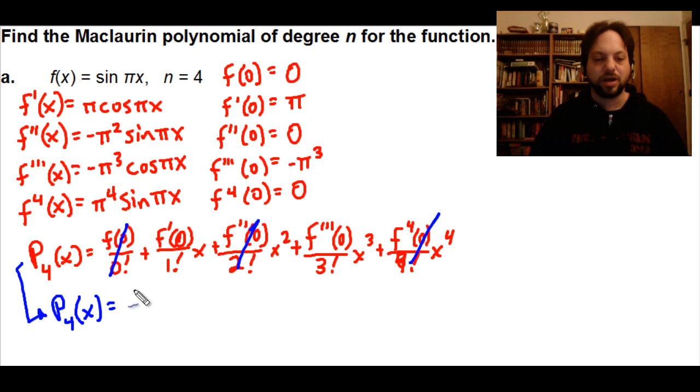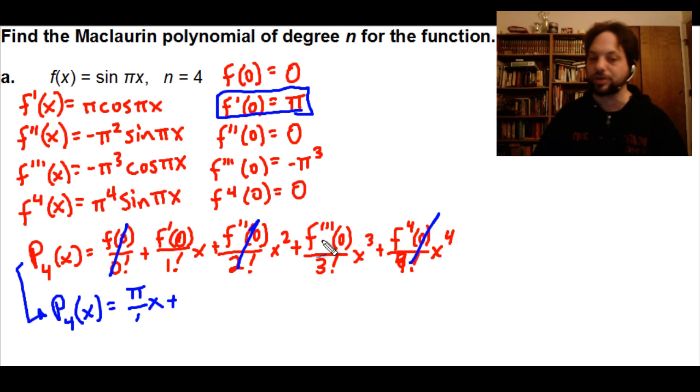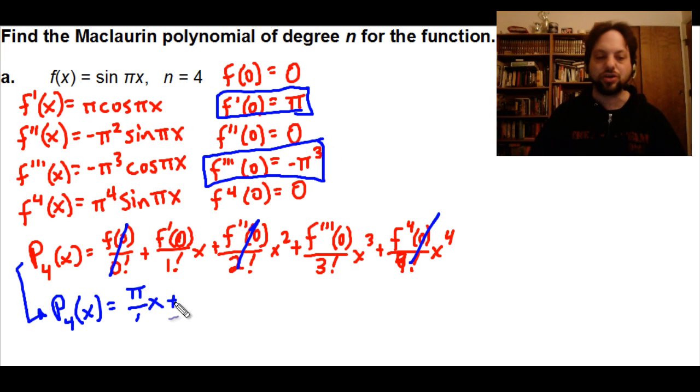This right here, f prime of 0, I can just pull from right here. I already found that out. So this is going to be pi over 1 factorial, or just pi over 1, with an x there. This term is gone, and now I move on to my third degree term. The third derivative evaluated at 0 is going to give me negative pi cubed.